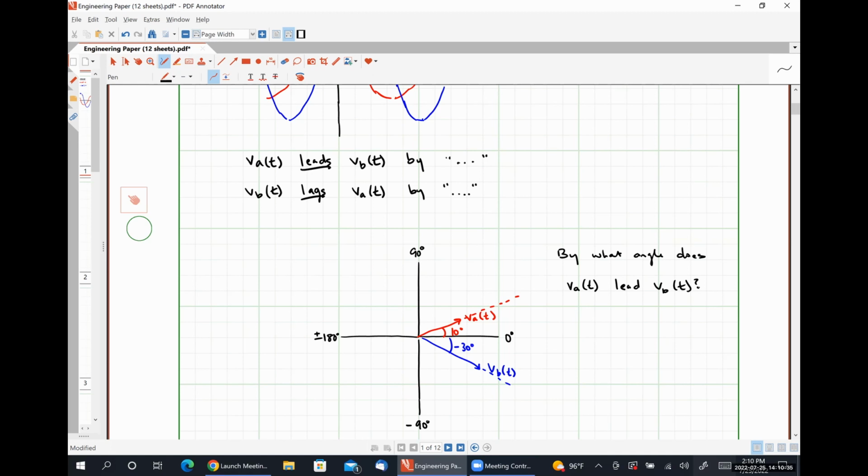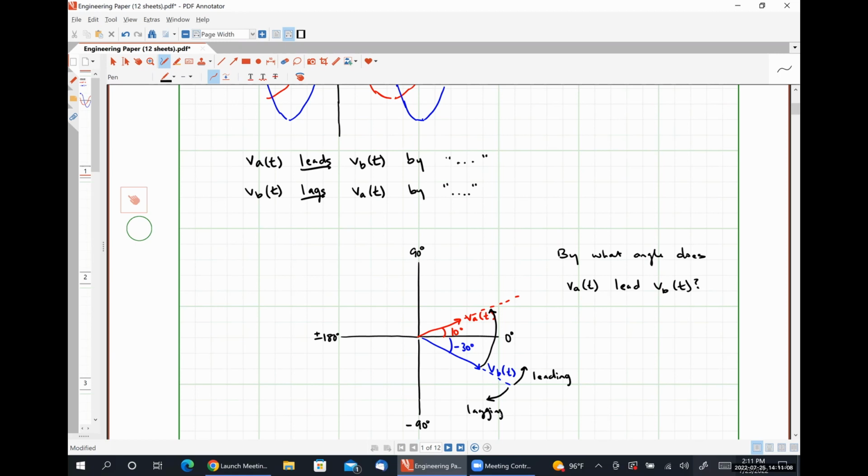So in this case, VB of t, and we start measuring in a counterclockwise direction. So if we measure from here, this is the angle that VA leads VB. So measuring in this direction, counterclockwise, is always leading, and measuring in this direction, clockwise, is always measuring our lagging angle.